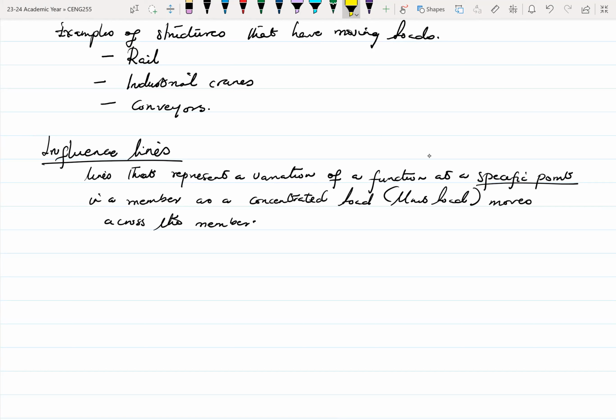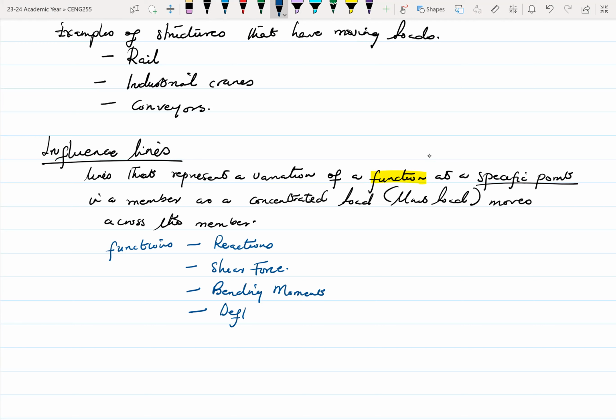So the functions, now we can look at some examples of the functions. We have reactions as one of the functions, shear force, bending moment, and then even deflections.